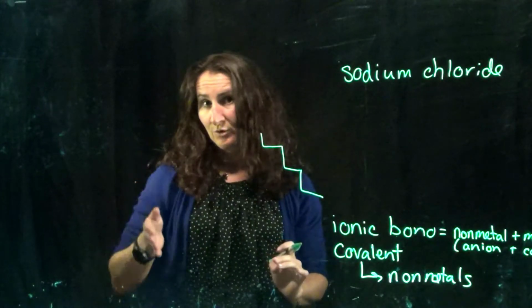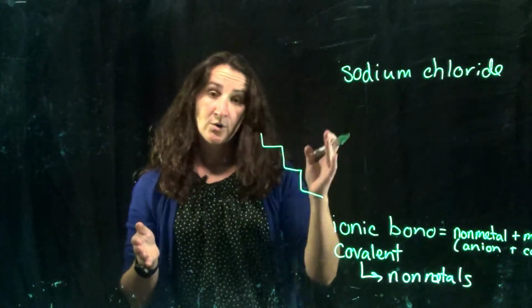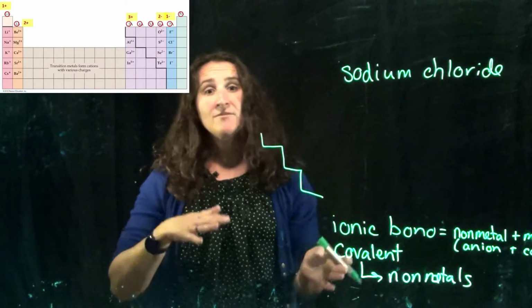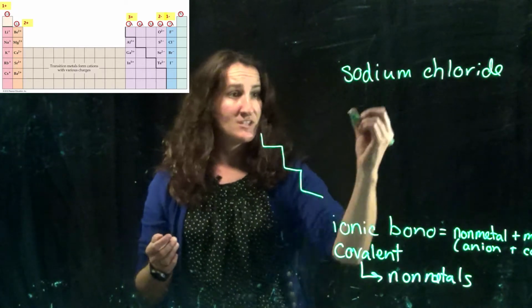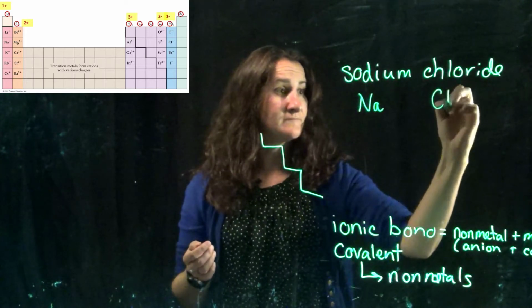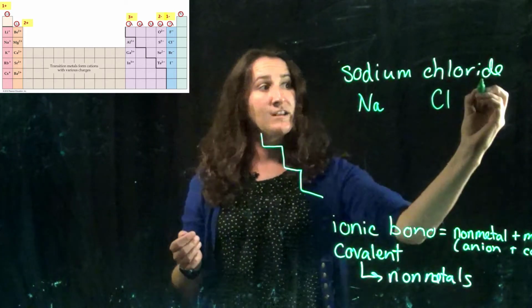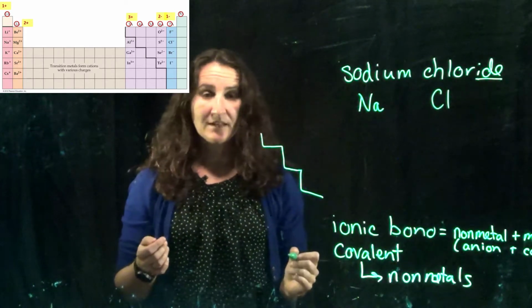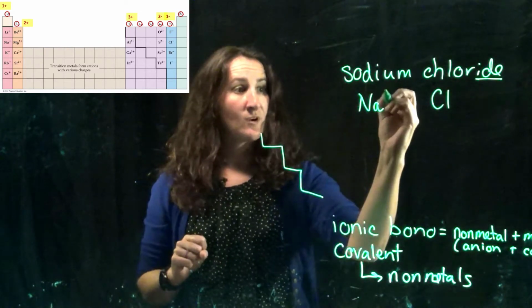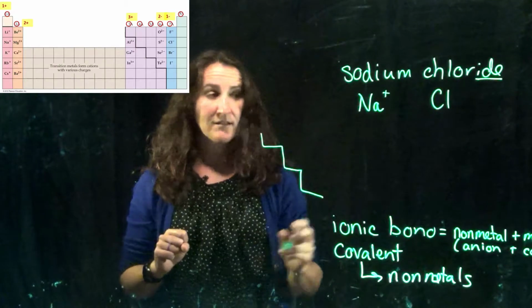Sodium, group 1, chlorine, group 7. So find those two. And then we've already figured out how to predict the charges of each of them. So we have sodium, and then we have chlorine. Okay, we'll find out in a minute what the IDE means. Sodium is in group 1, which means it forms a +1 ion.